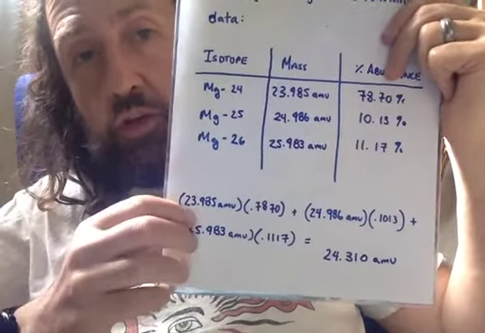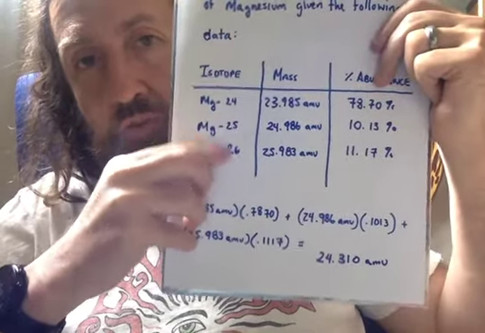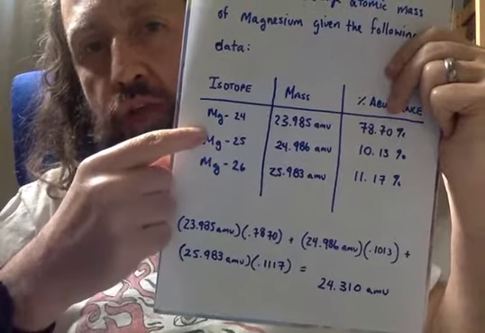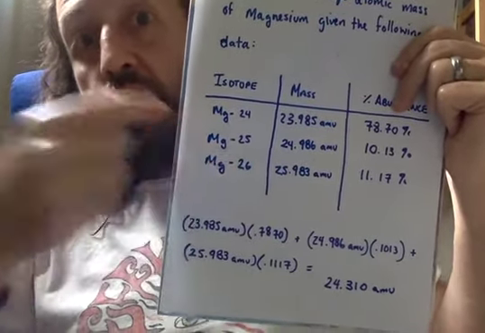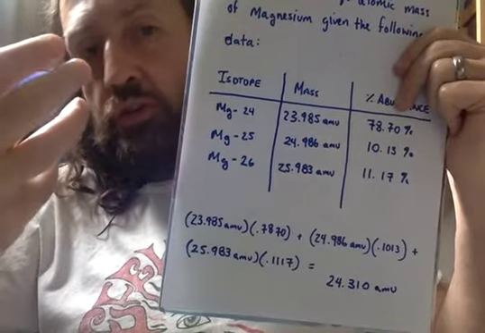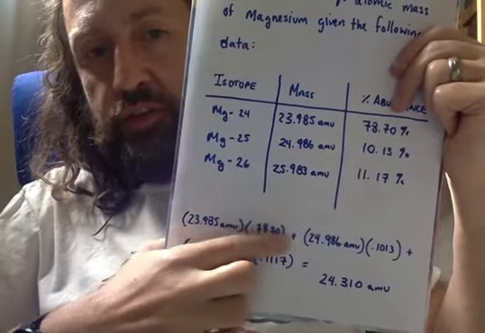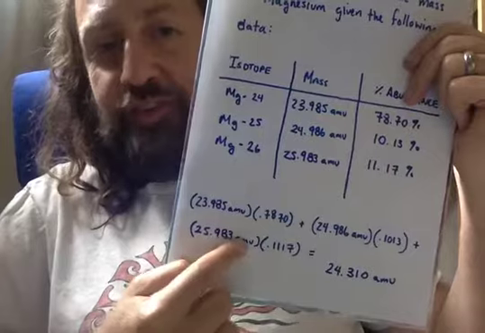And so what you find is that the number falls in between 24 and 26. So when you're doing this problem, your answer should always fall in between the smallest and the largest. If you've got a number that's really huge, a lot of times what I see people doing is they'll go this times this, times this times this, times this times this.